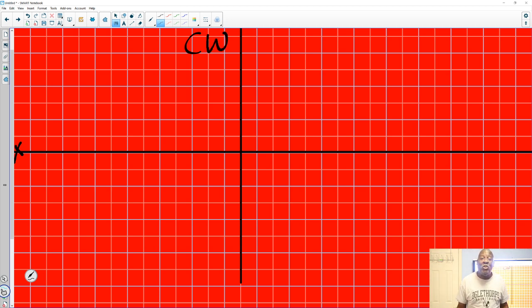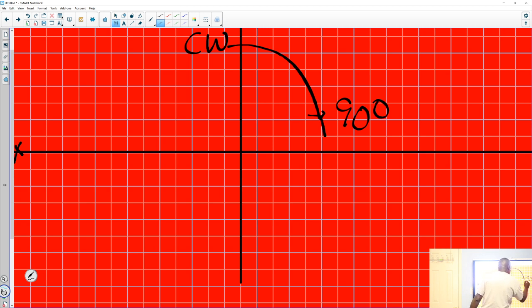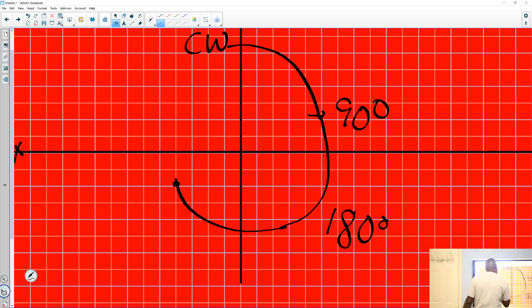It means clockwise. So you start right here. That's a turn. And then go right here, 180. And then you go right here, 270. And then you back where you came from, 360.